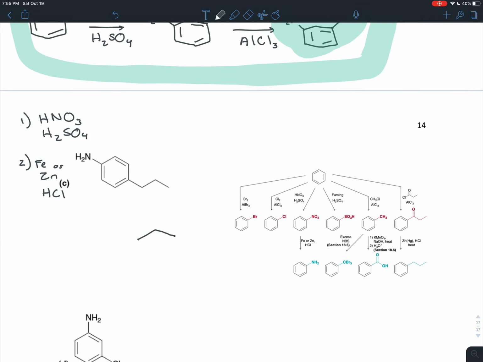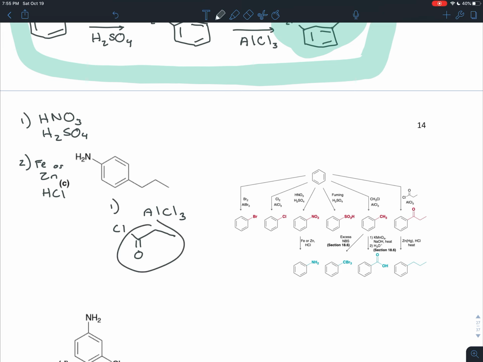So if this were an acyl group, you would still want the chlorine replacing the bond to the benzene ring, but you want a double bond to an oxygen there. And then you'll have AlCl3. That's the catalyst. So that's the first step.